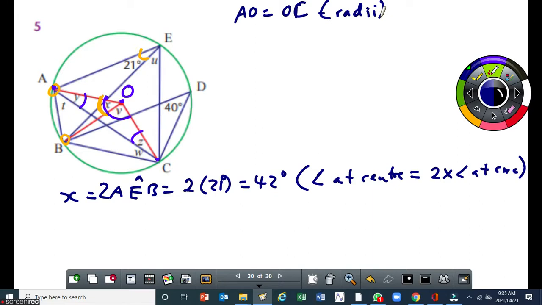Then I'm going to say, therefore, angle Y is equal to angle Z. And my reason will be angles opposite equal sides. Not isosceles triangle. That's not the acceptable reason.